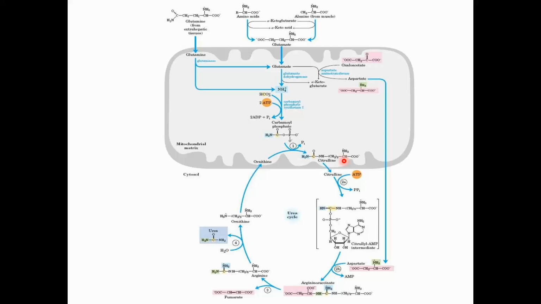For example, we are talking about glutamine. Glutamine is an amino acid. For its metabolism, it will enter from the extrahepatic tissues into the mitochondrial matrix, and by the enzyme glutaminase, glutamine would be converted into glutamate.